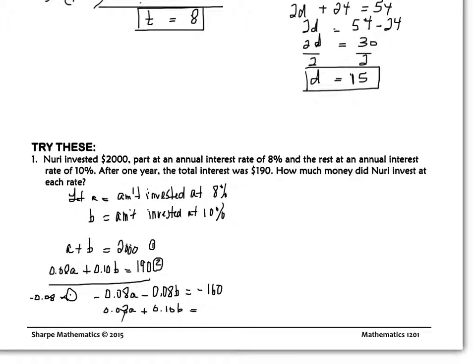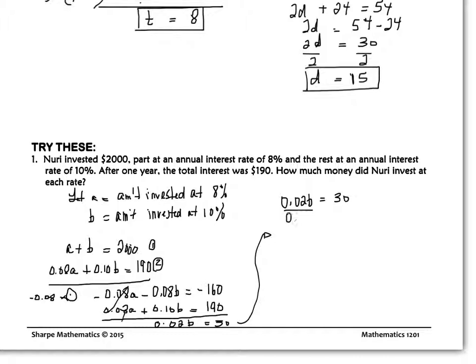0.10B equals 190. So when I add those two lines together, I'm going to get 0 for A, because these two are going to cancel, and 0.02B equals 30.